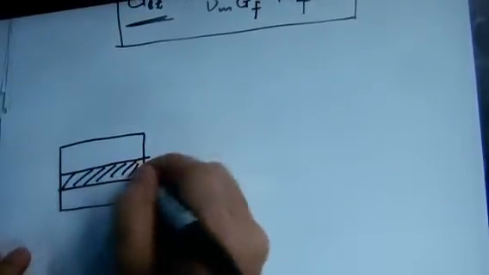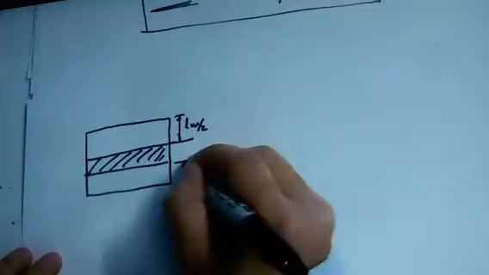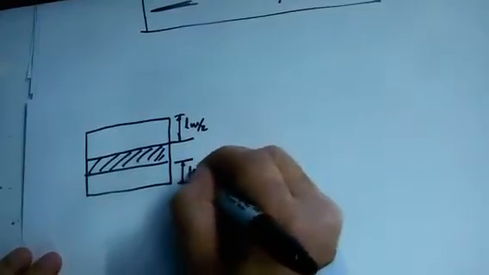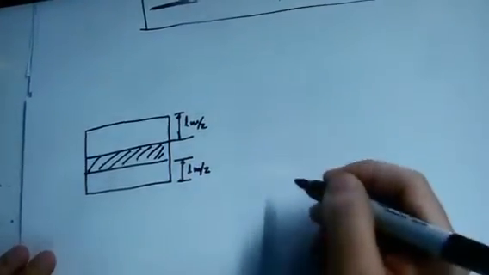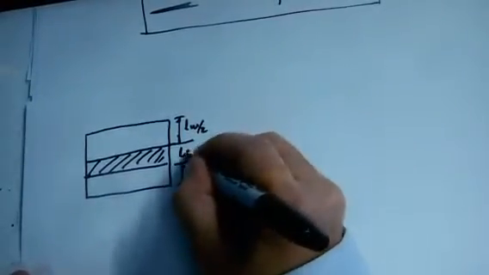This is the filament, height Lm divided by 2, Lm divided by 2. And this is LF. Total height is LT. T stands for transverse direction.